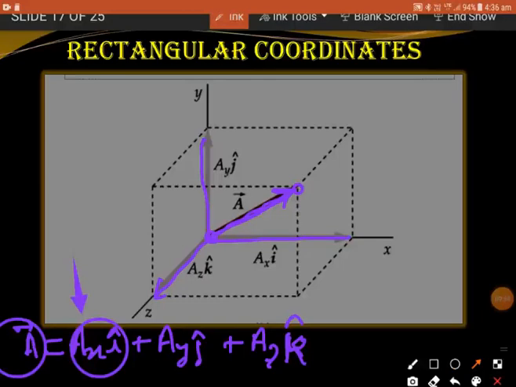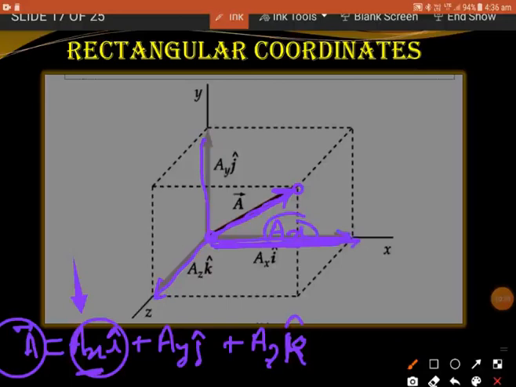And this portion, AX, will be represented by this line segment. So this AX gives you the magnitude of the component of A along x-axis. This line will give you AX, the magnitude of A along this axis.